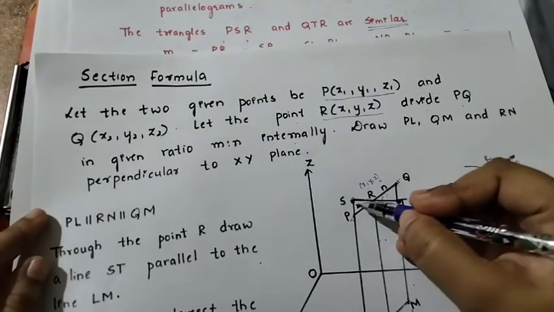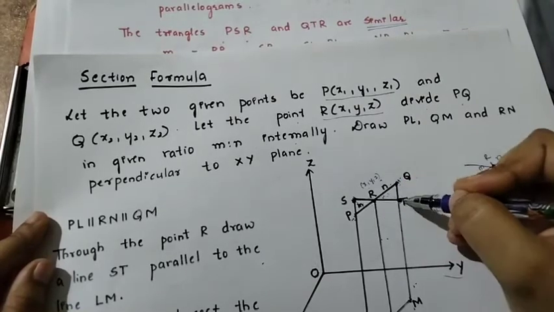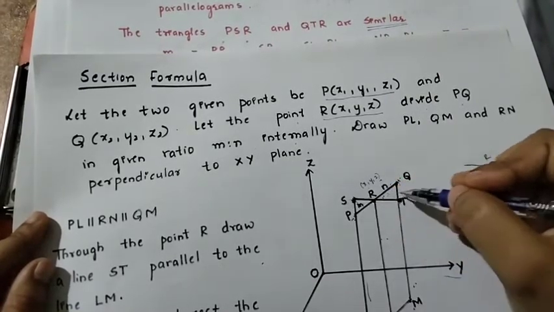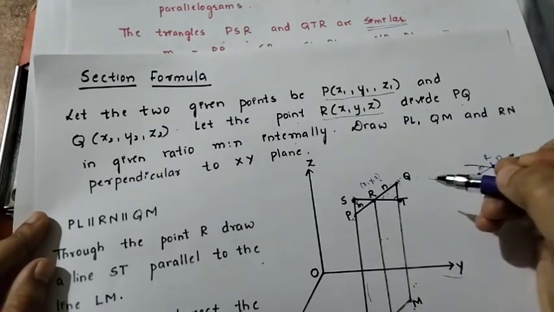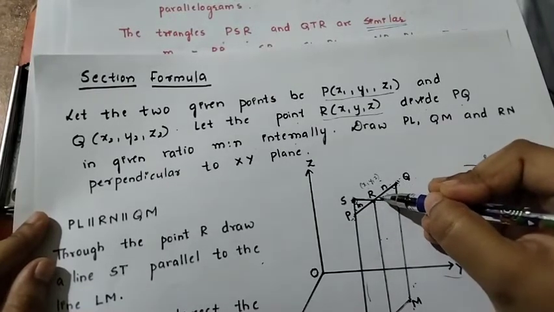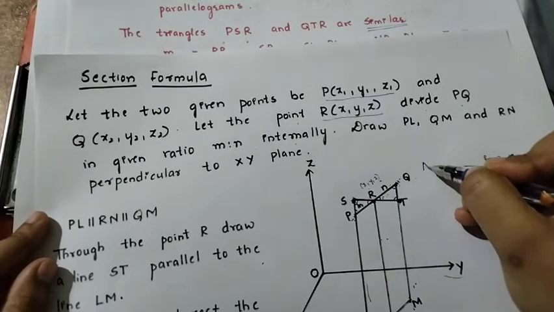So here too, what can you do? You can consider these two as parallel lines. This will be a transversal line. So two parallel lines cut by a transversal line, then you can take alternate angles as equal. Here also alternate angles are equal. Then these are vertically opposite angles. Then by using what?